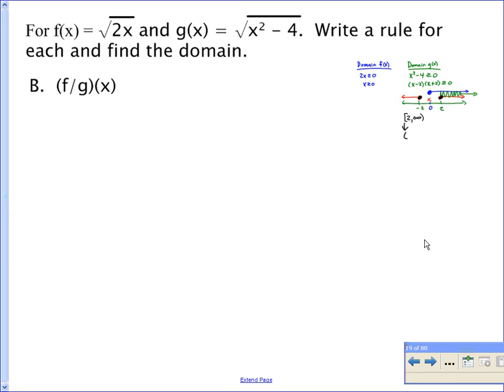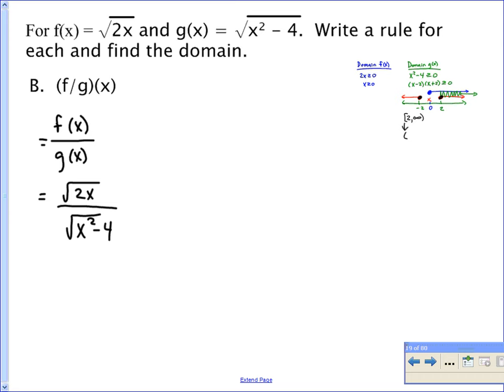Okay, so now we're going to go ahead and find our quotient here. So we have f of x over g of x. And our f of x is the square root of 2x over the square root of x squared minus 4. And what we want to do is simplify this one.